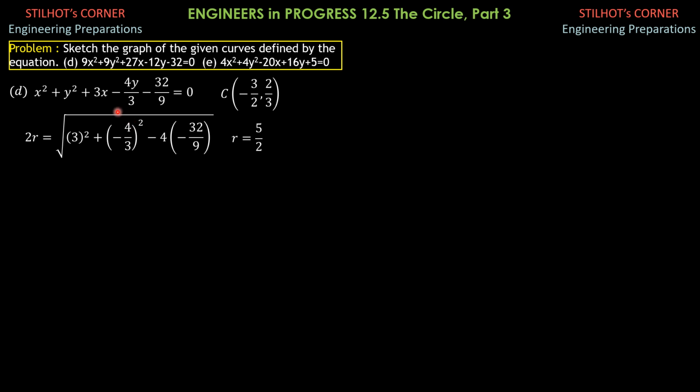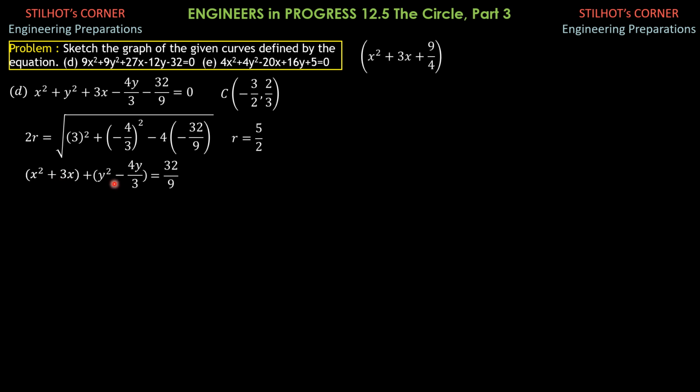Then for the traditional way, we have x squared plus 3x plus 9 over 4 later on. Quantity y squared minus 4/3 y equals 32 over 9. So to complete the square in x, we have x squared plus 3x plus 9/4.